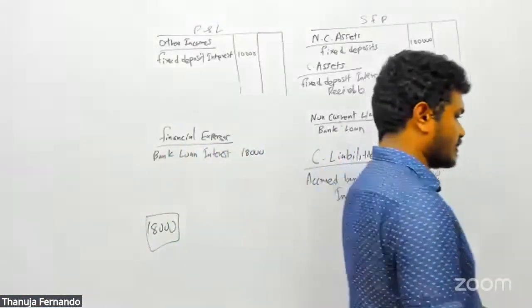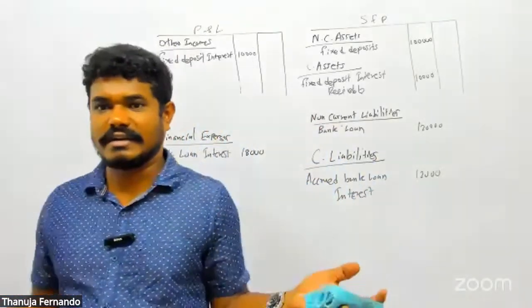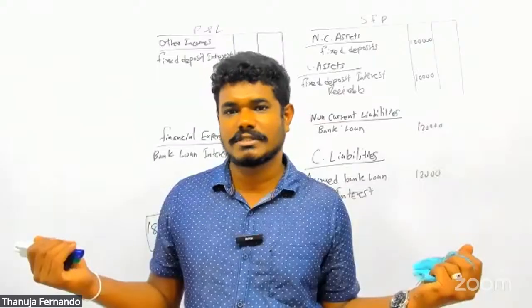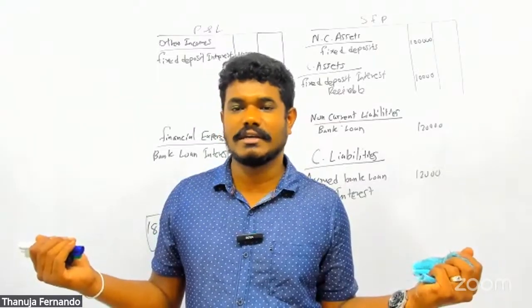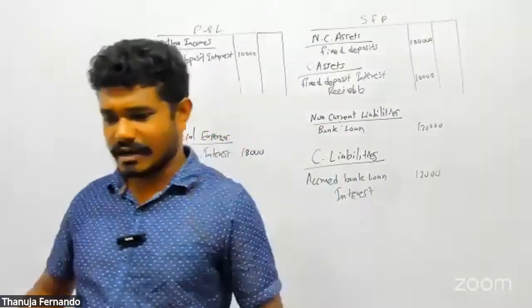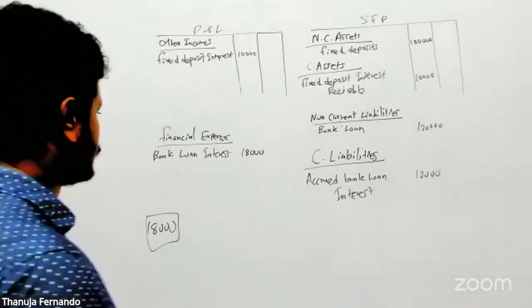It might be cash fraud, it might be that the debtor has died, or sometimes he or she has gone away. Somehow we can't recover the debt which we gave before.